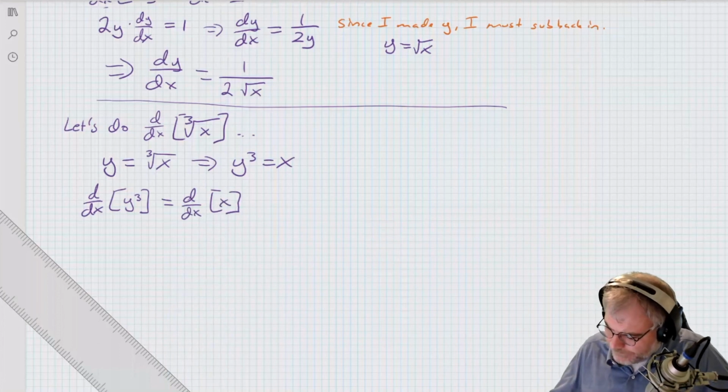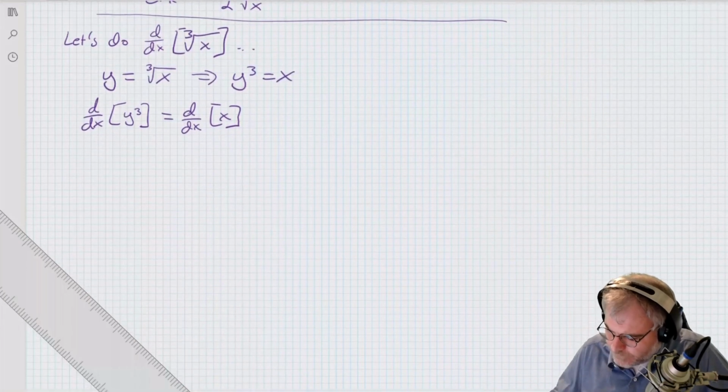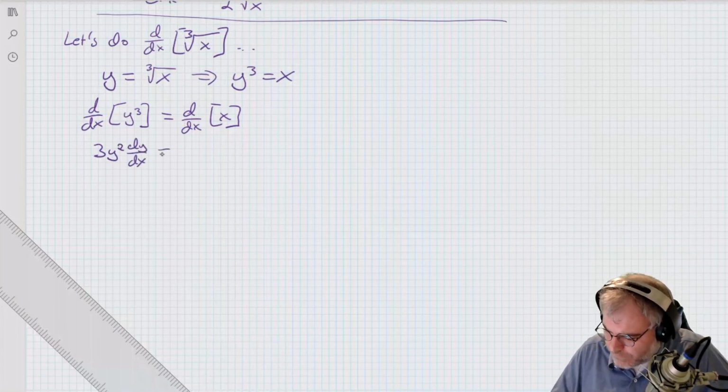Okay. Well, that's going to give me 3y squared dy over dx, by the power rule and the chain rule, equals 1. And that gives me that dy over dx equals 1/3 times 1 over y squared.